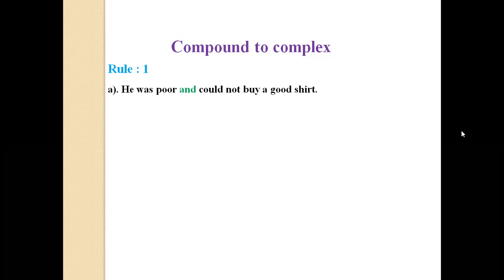He was poor and he could not buy a shirt. If you ask why he could not buy a shirt, the answer will be he was poor. So poverty is the cause of his not buying a good shirt. So use as or since at the beginning of the complex sentence and omit and, put a comma. So the answer will be since he was poor, use the subject again, he could not buy a good shirt.